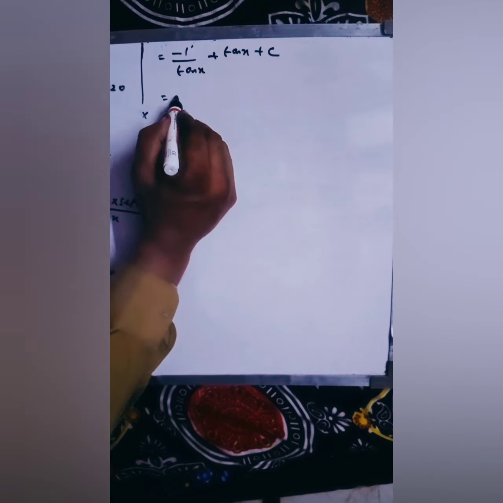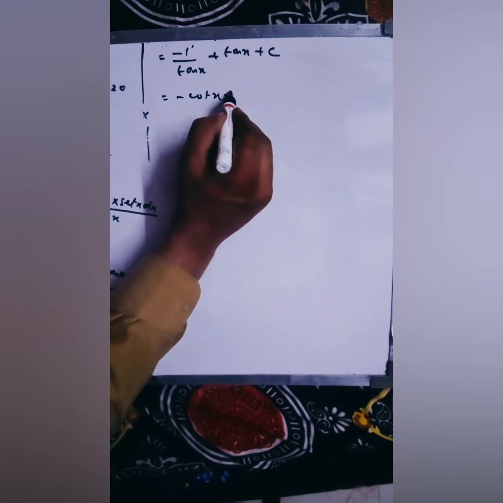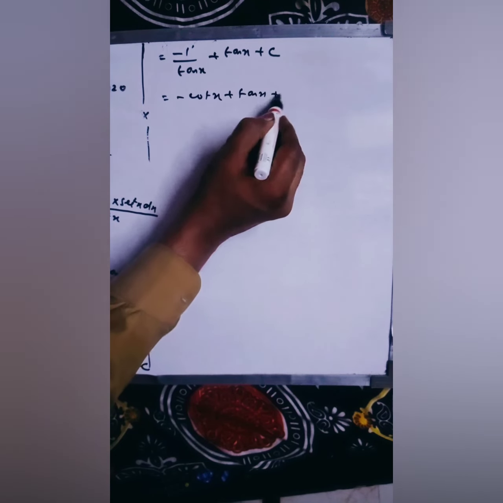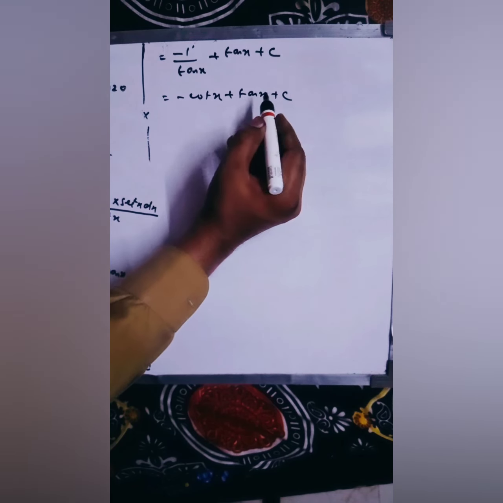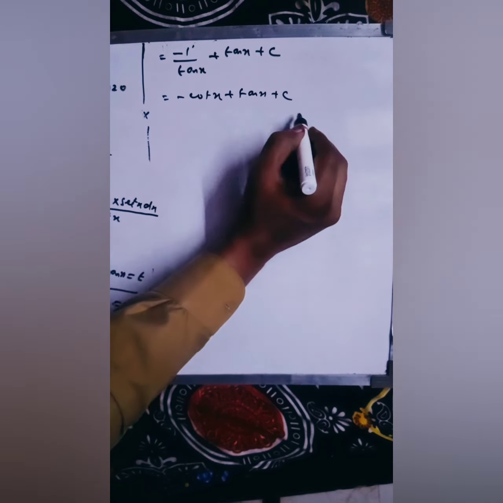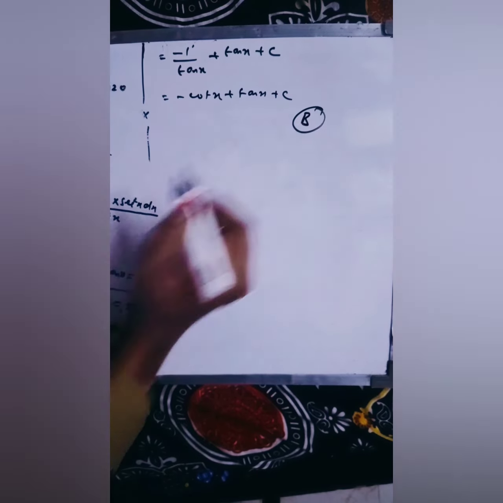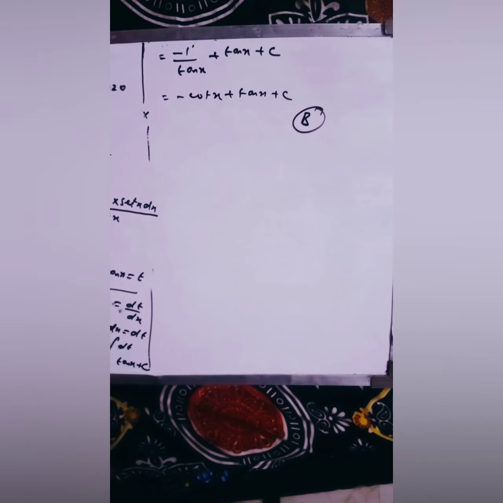Okay, so now you can check your options, which option is coming. So this 1 upon tan x is your minus cot x, you can write, plus tan x plus c. So your option B is correct. So option B is correct. Okay, so this is how you can solve this question.